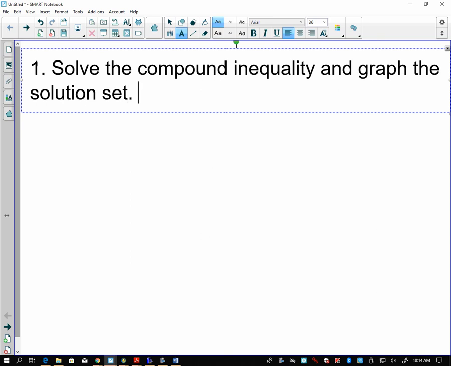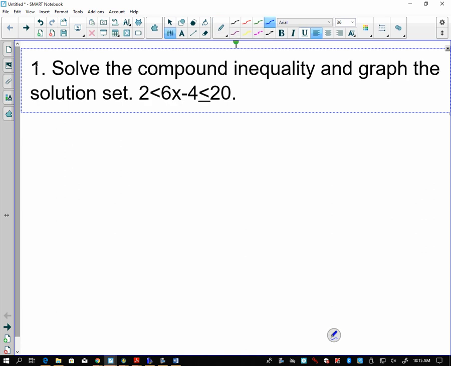So let's start with, say, that our inequality is 2 is less than 6x minus 4, which is less than or equal to 20. All right. How do I begin to solve a compound inequality like that?